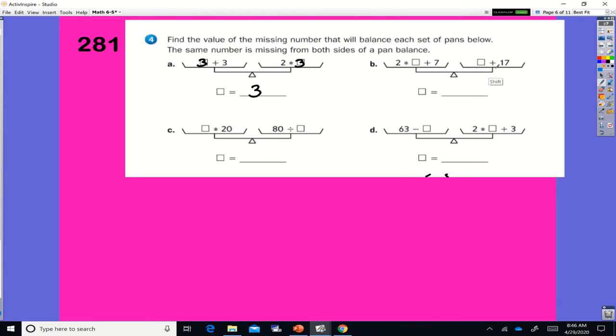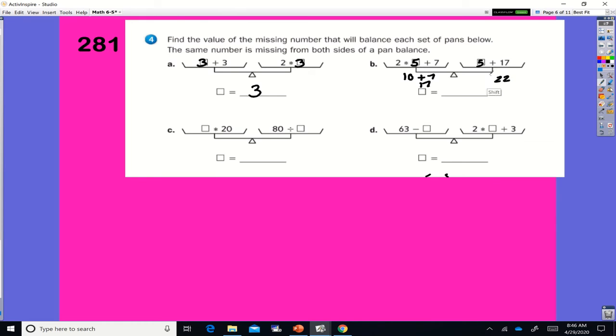Now I'm looking right here, and I have 2 times a number plus 7. Well, I'm looking and I'm like, oh, maybe I'm struggling a little bit. What you can always do is put, for example, 5 in. 2 times 5 is 10. That gives us 17. Now 17 plus 5 more, well, we know 17 plus 3 more gives us 20, and that's 22.